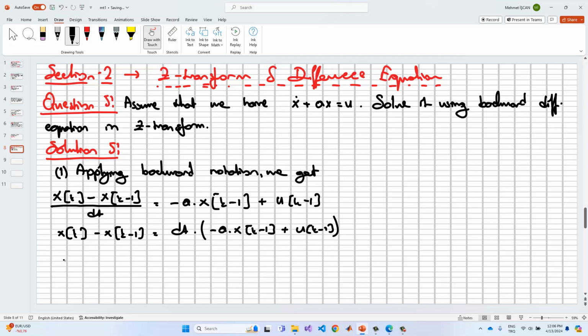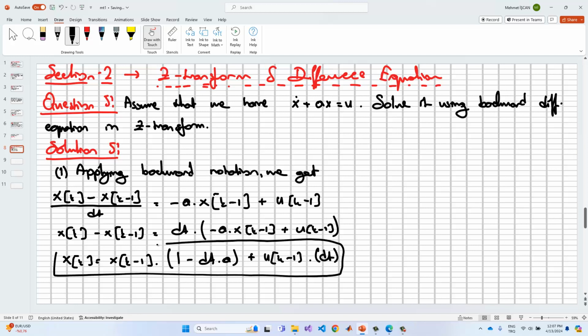And then we will reach x[k] equals x[k minus 1] times (1 minus dt times a) plus u[k minus 1] dt, right? This is our solution for the system. These are the general difference equation for this implementation of the continuous equation.